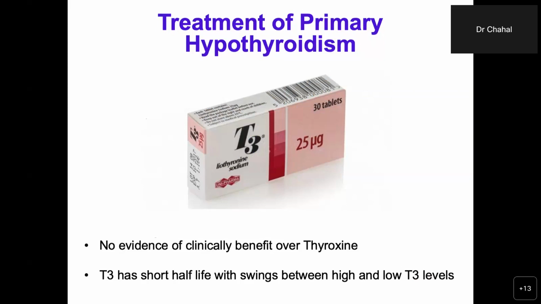And part of the reason is that there's no real clinical evidence that T3 is better than levothyroxine. And the other thing to note is if you have such a patient on T3, there can be very big swings from high to low on T3 because T3 has such a short half-life, whereas levothyroxine is a bit longer acting preparation and it tends to be more stable.